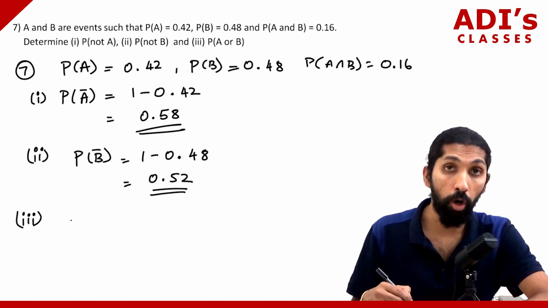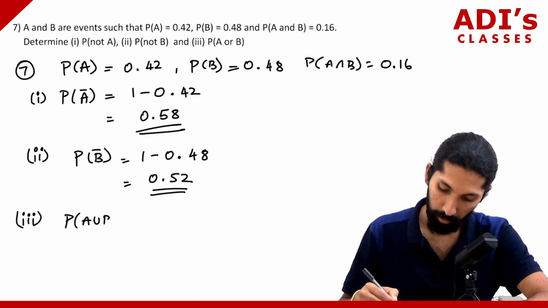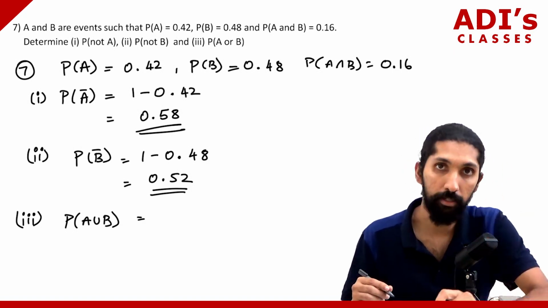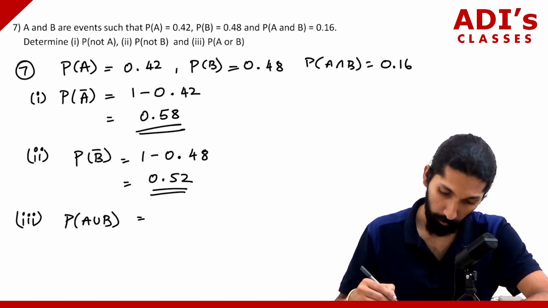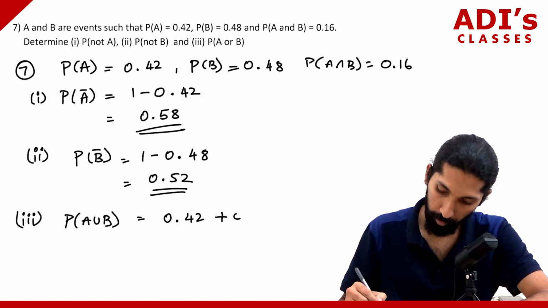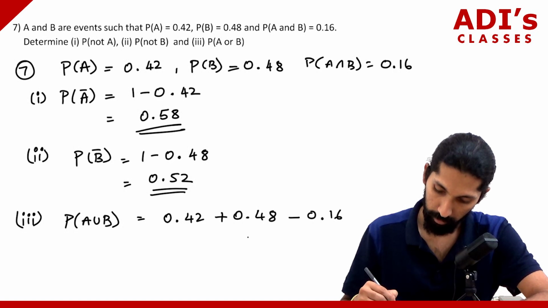Third one, P(A or B). That's P(A union B). Formula: P(A) plus P(B) minus P(A intersection B), correct? Which is going to be 0.42 plus 0.48 minus 0.16.